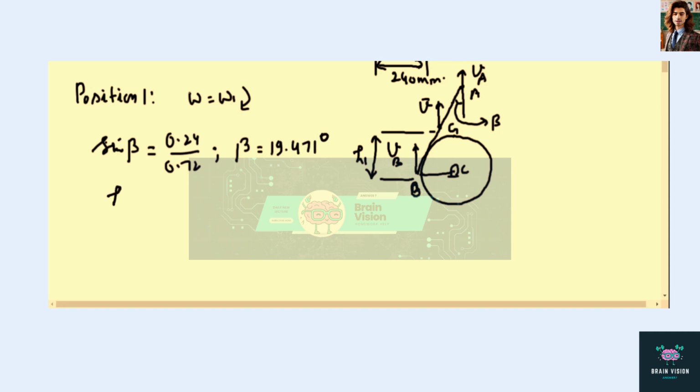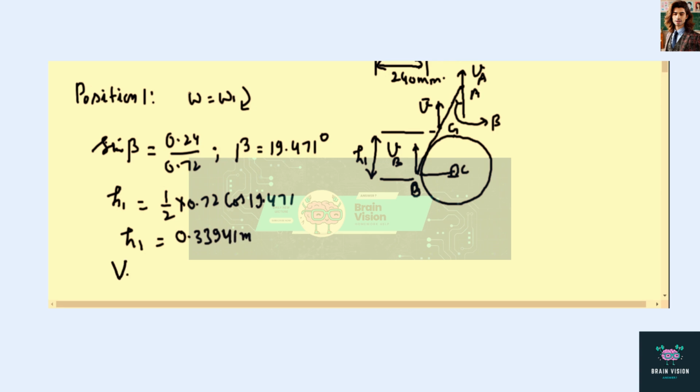Height of center of mass of the rod AB above the center of the wheel is half of 0.72 cos of beta. So it would be 0.33941 meter.